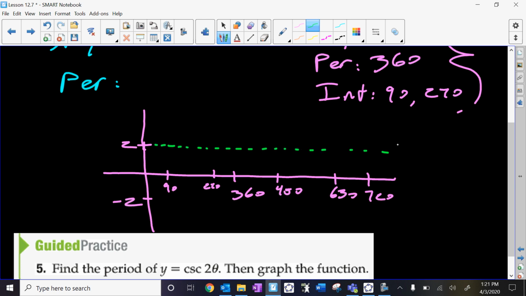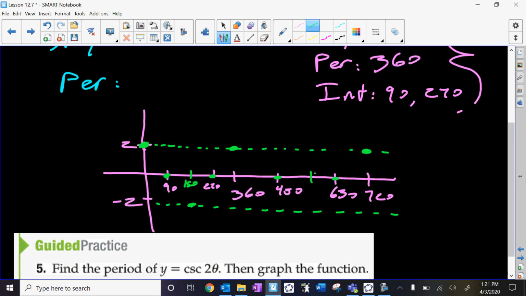We'll graph this. Remember, we're dealing with cosine. Cosine starts up at the top. So I'm up at the top there. I'm up at the top at 360 and 720. I'm crossing at 90 degrees and 270, at 450 and 630. This spot is 180, where we're down at the bottom.